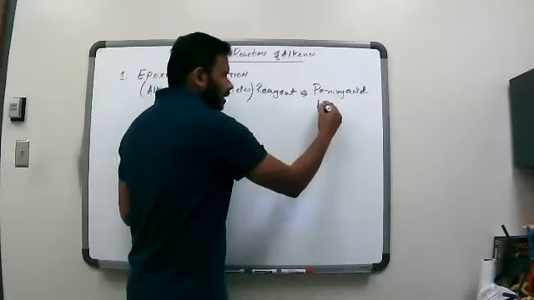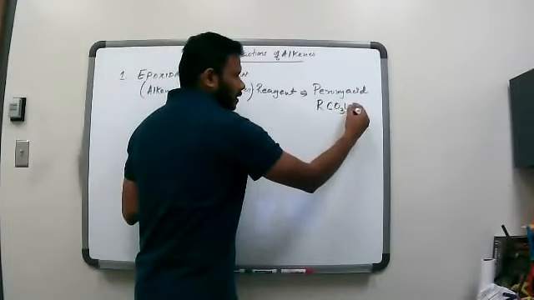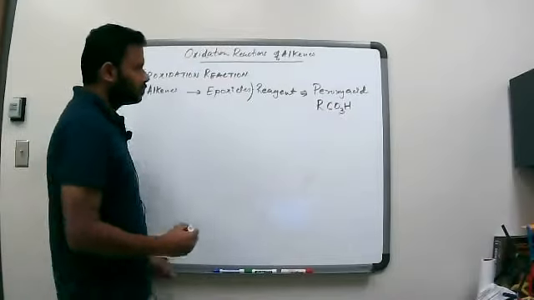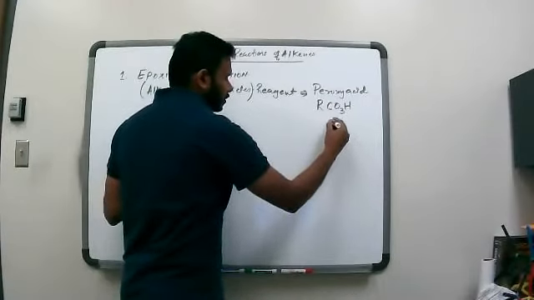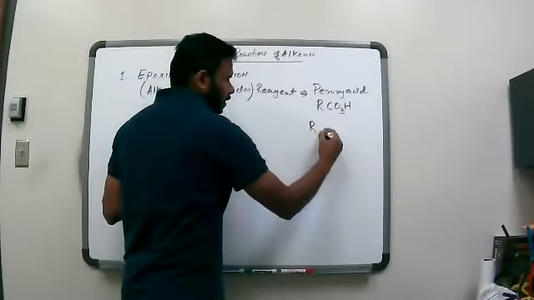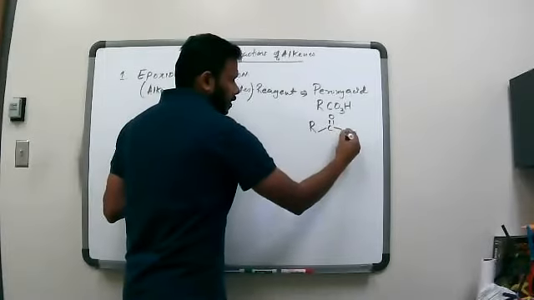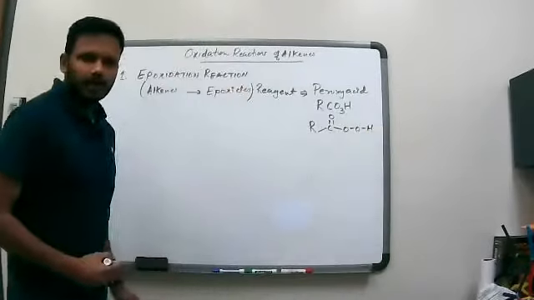A peroxy acid is represented as RCO3H. So 3 oxygens and H. This is R, C double bond O, O, O, H. So that's a peroxy acid.